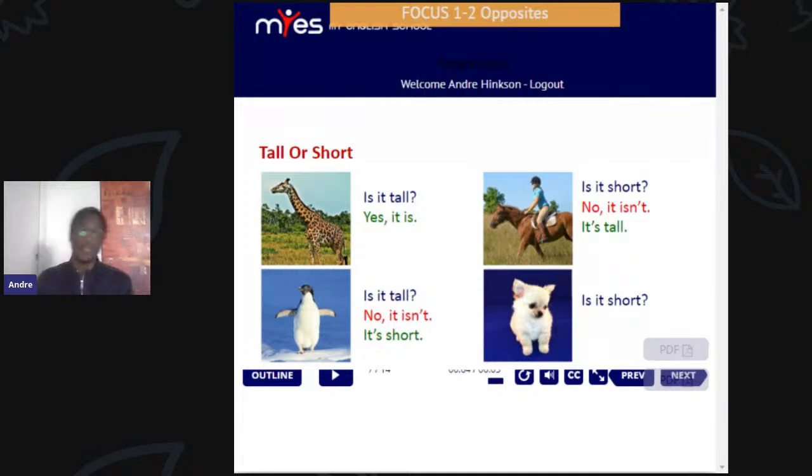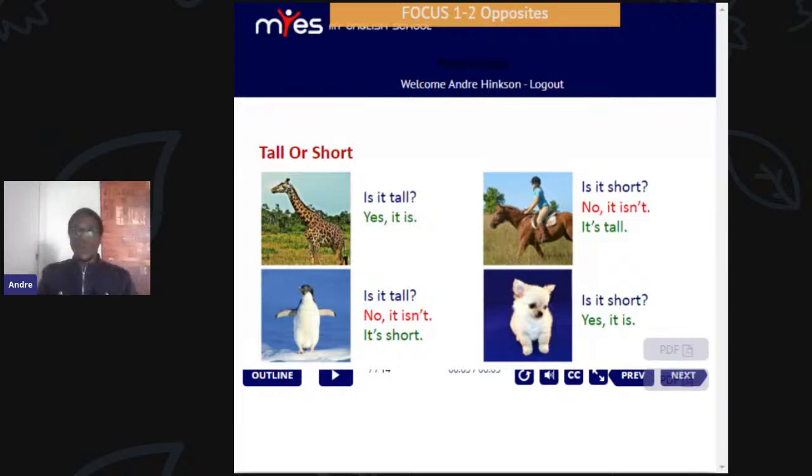How would you respond? Negative or positive? You know the answer to this one. So is it short? So the answer would be, yes, it is. A puppy is usually short, very short and small.